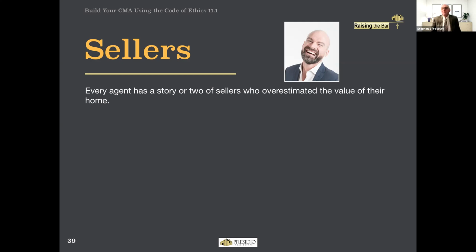So they lost time and money because they didn't follow the CMA report that we had shared with them. In their minds, they thought it was worth more because they'd spent more money on it. Sometimes people spend money on a home and they want to get that money back, but that really has little to do with the market value.